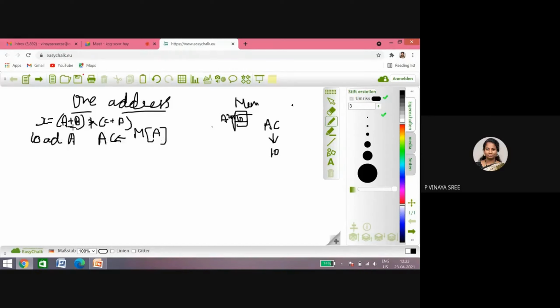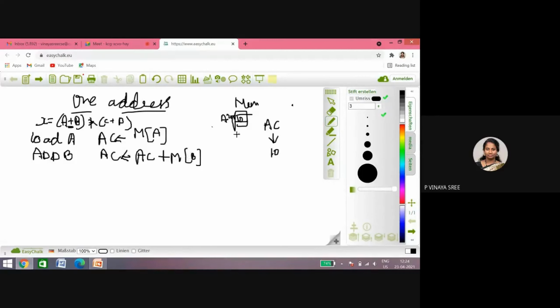Next, after loading we need to perform an addition. I can simply write it with one operand, add b. Add b indicates the accumulator contents will be added with b, and the result stored back in the accumulator. So accumulator plus M of b. Inside the accumulator we have M of a plus M of b.